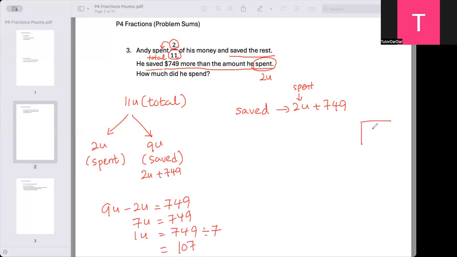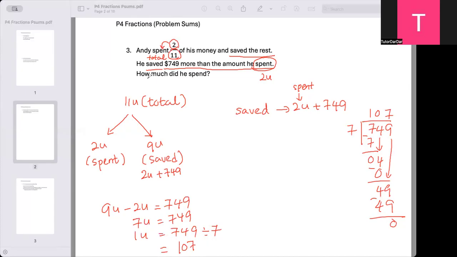Okay. 749 divided by 7. 7 times 1, 7. Minus, you get 0. Bring down the 4. 0, 0. So we are still left with 4. Bring down the 9. 7 times 7, you will get 49 minus 49. So this is how you get 107.